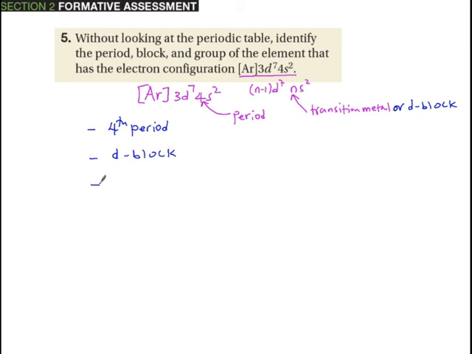To know the group number, group 9: just add 3d7 4s2, these electrons, 7 plus 2, which is equal to 9. So this is the group number.